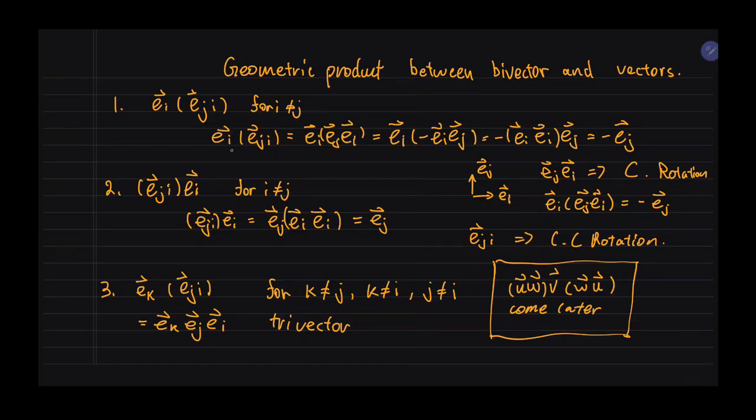If they share the same index but are not close to each other, then you need to swap them to get them close to each other. Then you get the scalar, then you get back a vector. So in these 2 cases you get a vector, but in this case you get a trivector. So the geometric product between a vector and a bivector does not always represent rotation, and we will talk about rotation later in this series of videos.